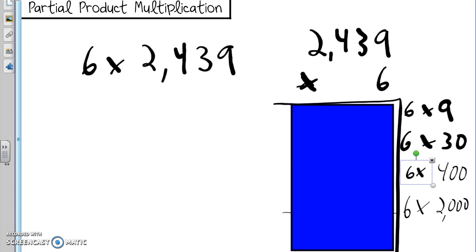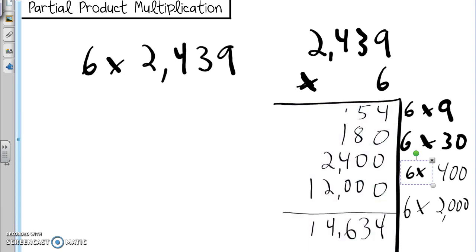If you did get those numbers, let's see if you are right. So your answer to this problem, 2,439 times 6 is 14,634.